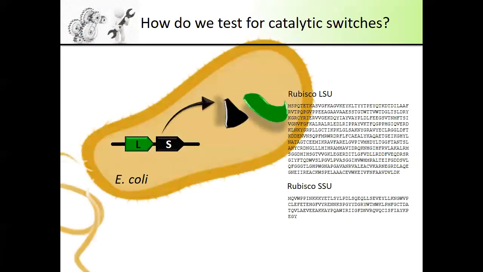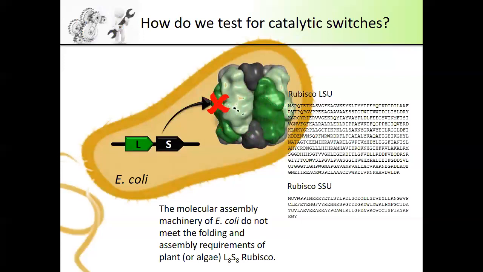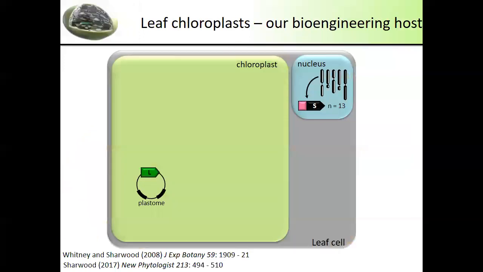This has stymied a lot of research into engineering Rubisco, except for a few forms which can express in E. coli. This is because the folding and assembly machinery of E. coli can't assemble higher plant Rubisco.